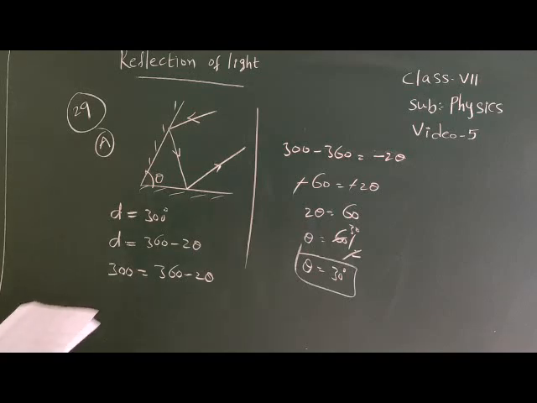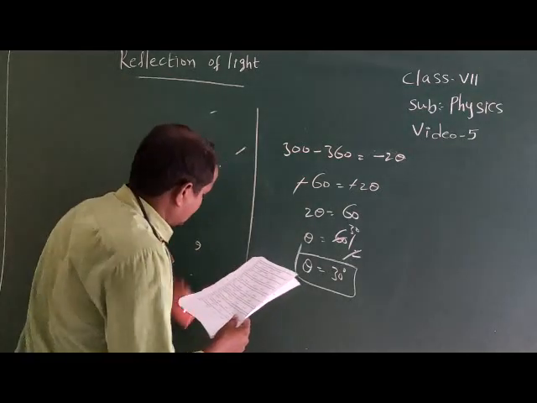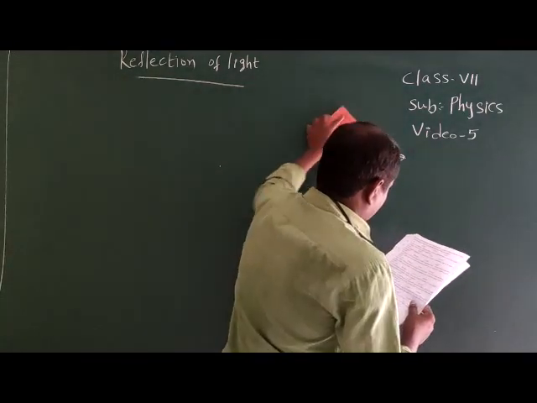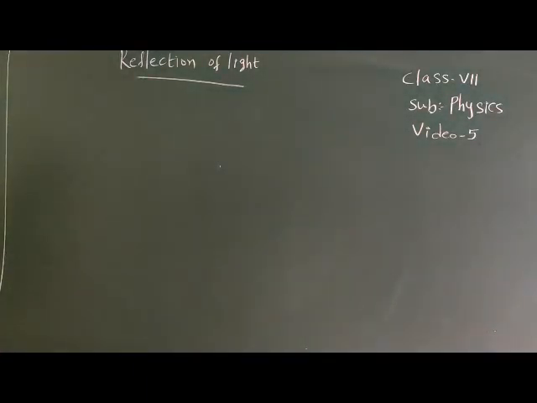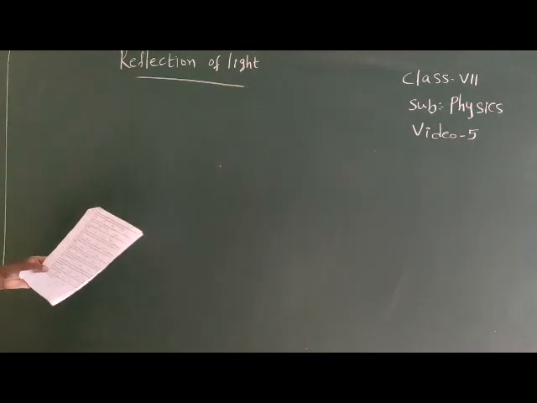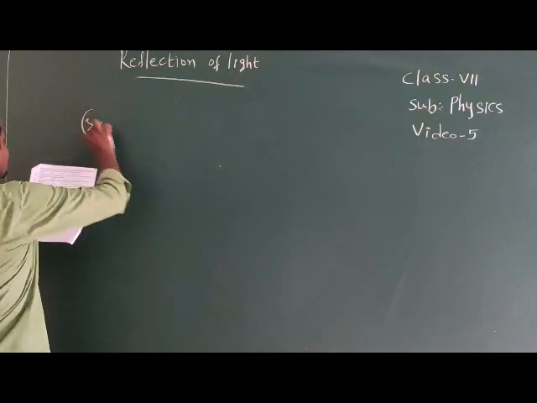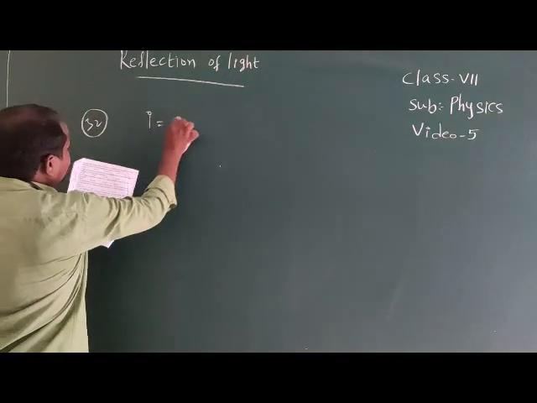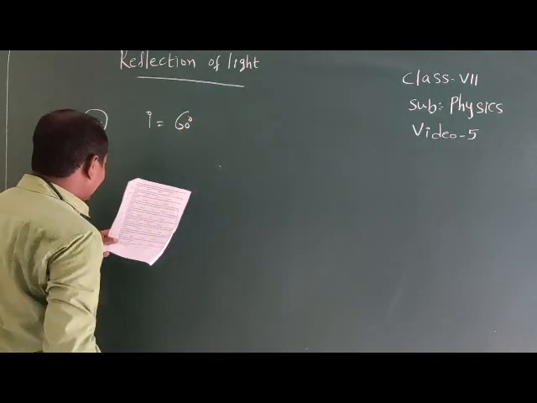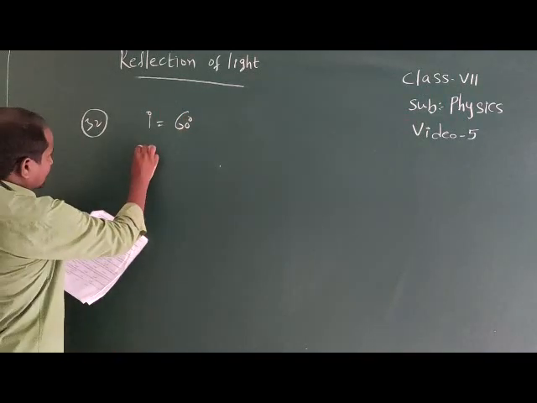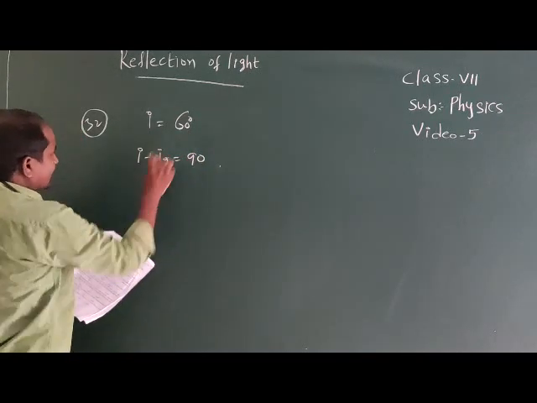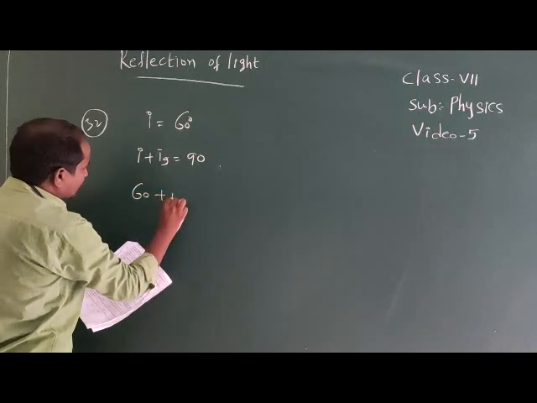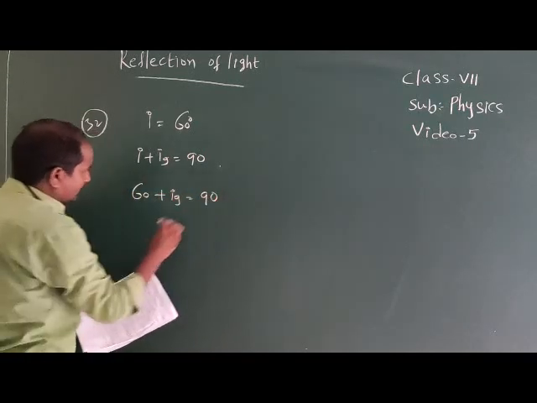Now 32. What is the glancing angle of reflection? A ray of light is incident at an angle of 60 degrees with the normal. I is given as 60 degrees. Then find the IC value. So here I plus IC equals 90 degrees. I is 60, plus IC equals 90.